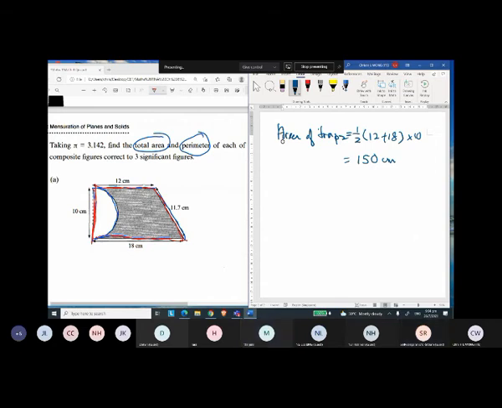Now what do you do next? Tell me. What do you do next, Haja? I minus out 15.71. No, you can't minus 15.71, that is the circumference of the circle. You cannot minus the circumference.